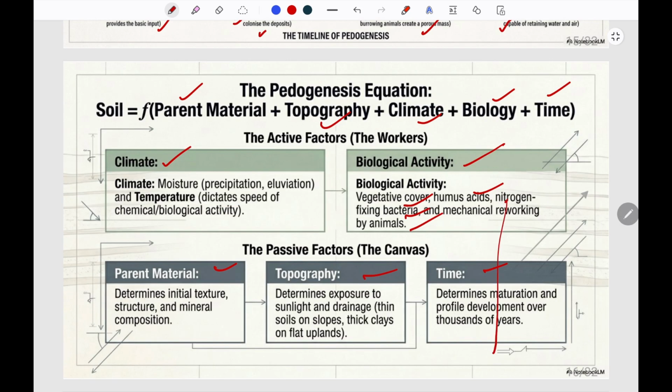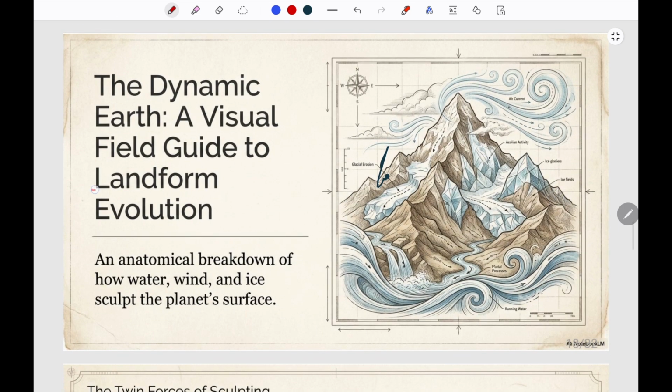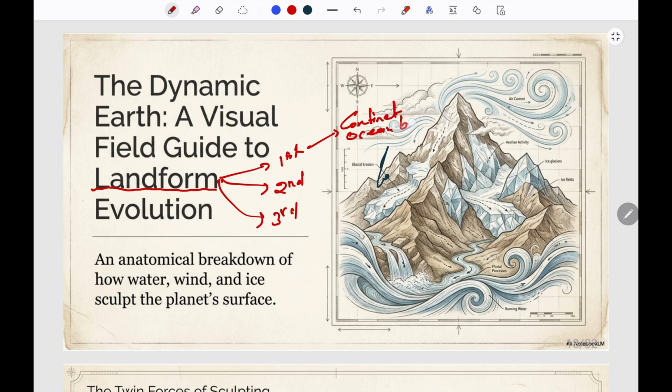Now moving on to the next one, that is evolution of landforms. What is landform? Landforms are the natural features present on the earth's surface. So these are basically divided into three types, that is first order landform, second order landform, and third order landform. First order landforms are like continents and ocean basins, that is broad divisions.